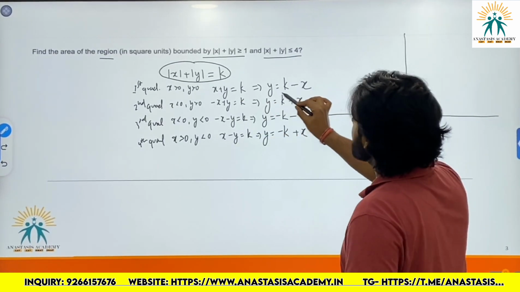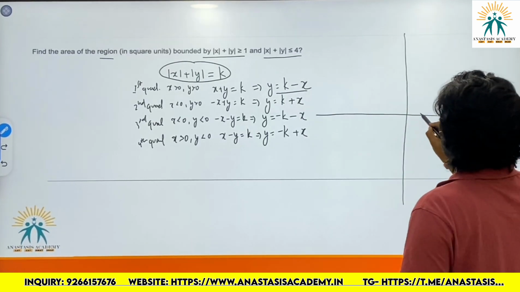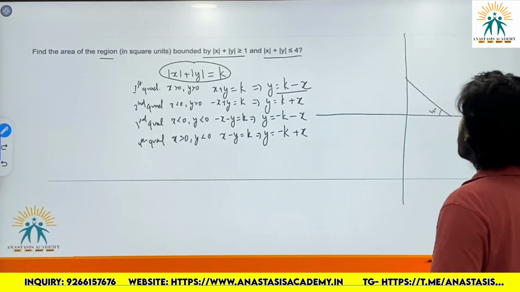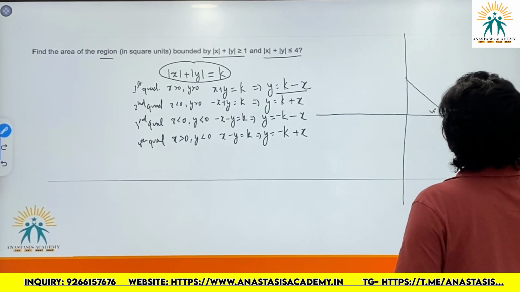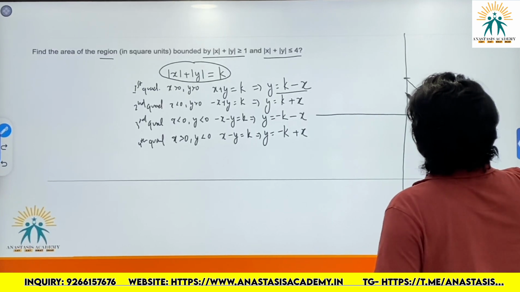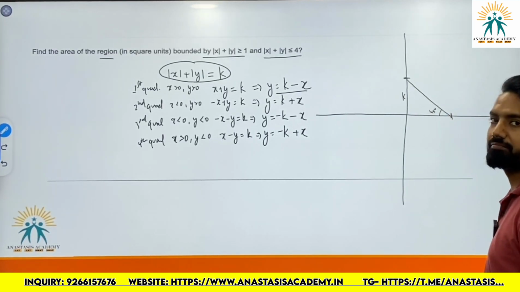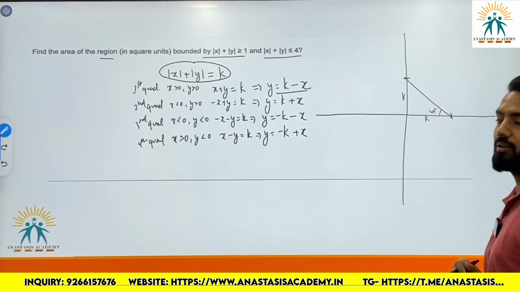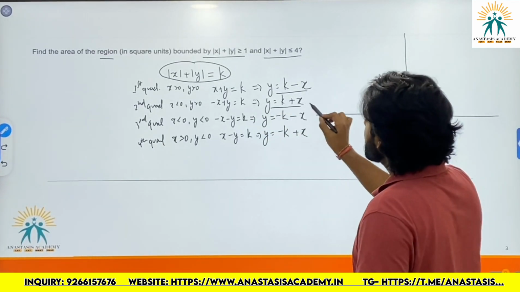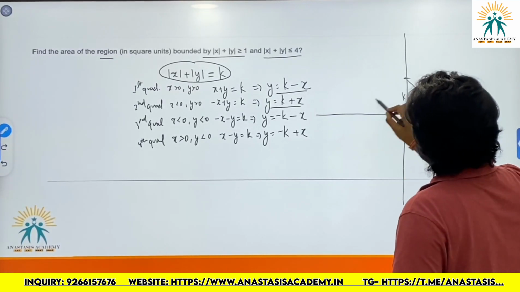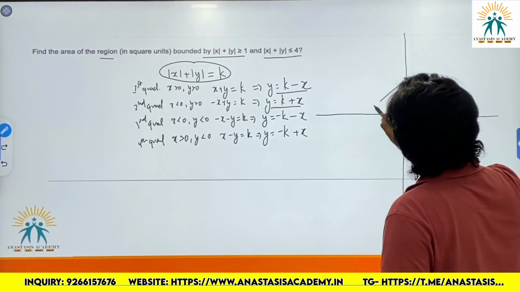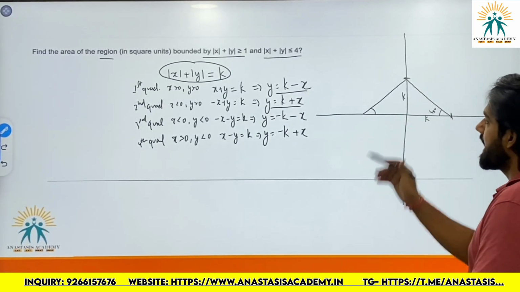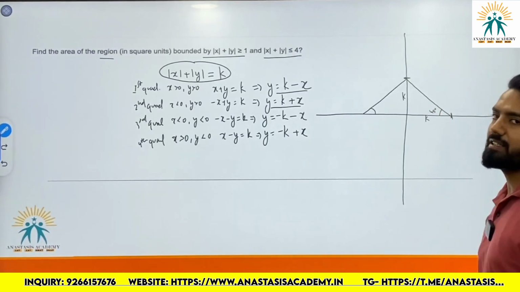In the first quadrant, it is a straight line having slope 1, so it would be a line at an angle of 45 degrees to the x-axis and having y-intercept as k. Because slope is equal to 1, this distance would also be equal to k. In the second quadrant, this is a straight line, that is k plus x, having same slope of 1, but this time positive slope, so it's an increasing line having 45 degrees with this axis and y-intercept as plus k only.